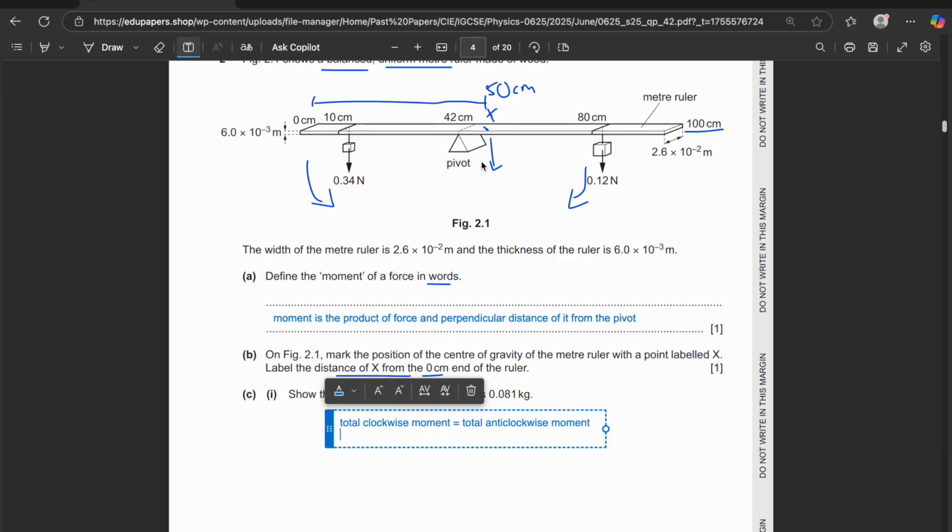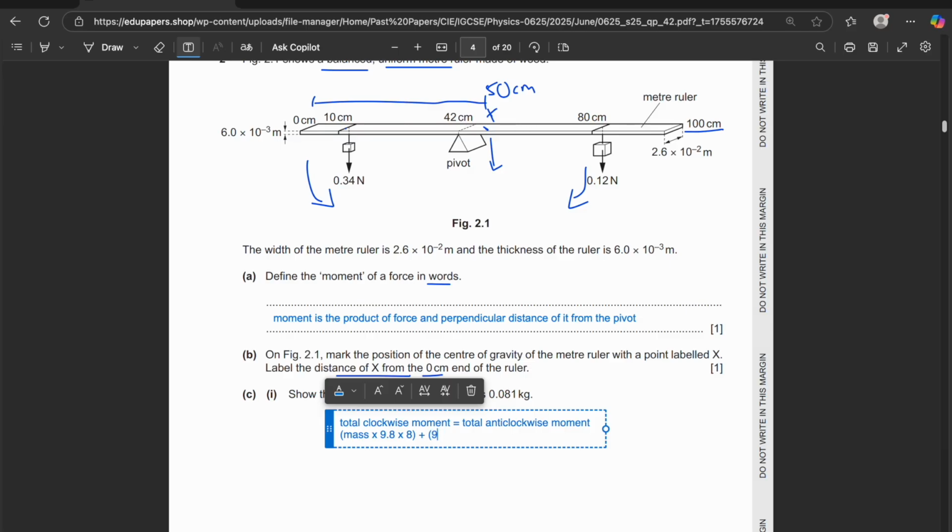So clockwise moment is, we don't know the mass yet, mass into 9.8 plus 9.8 into distance from pivot, that will be 8 centimeters. So this is one, and the distance between these two will be 38 centimeters.